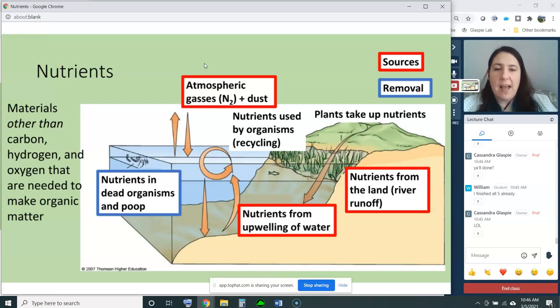And the way that these materials are removed from the system are in nutrients from dead organisms and poop that sink to the bottom and settle there. Within the system, nutrients can be processed and kind of recycled by organisms, which take up the nutrients and then release them when they die for other organisms to use up, and then also nutrients that can be used by organisms themselves.